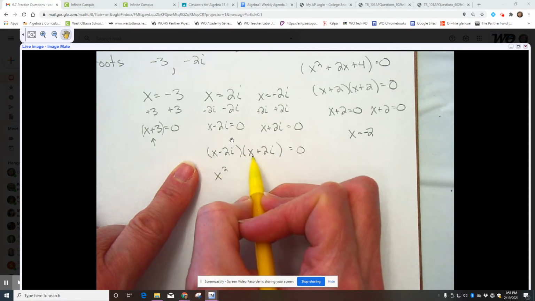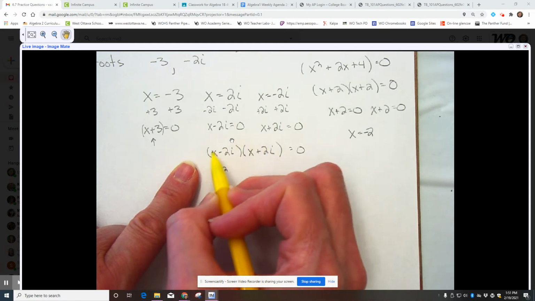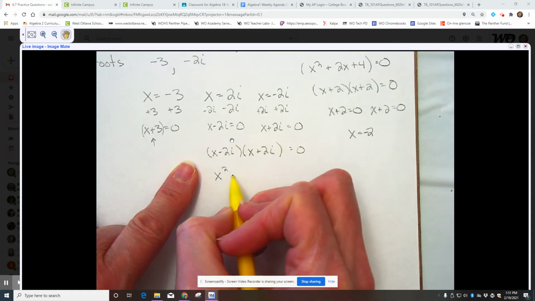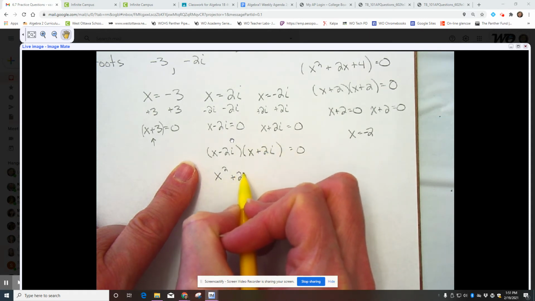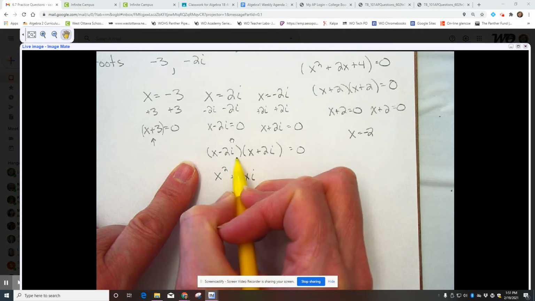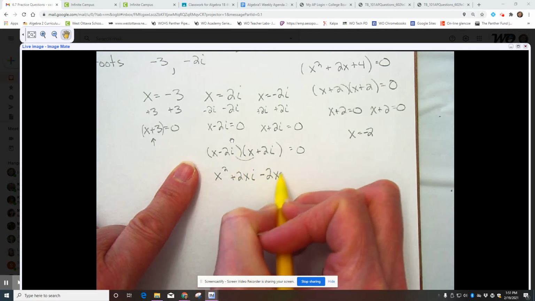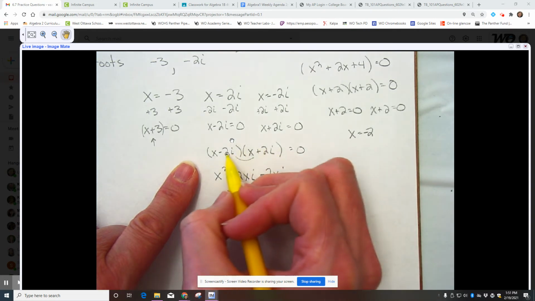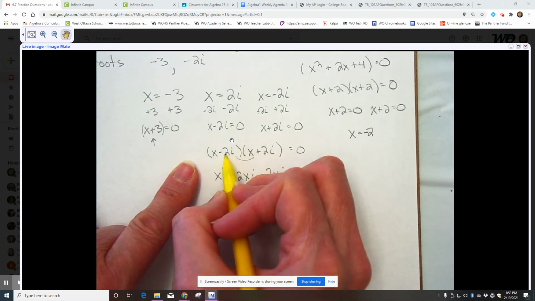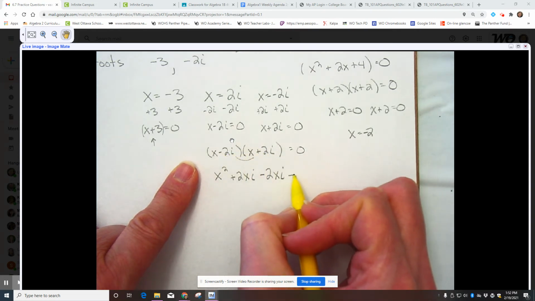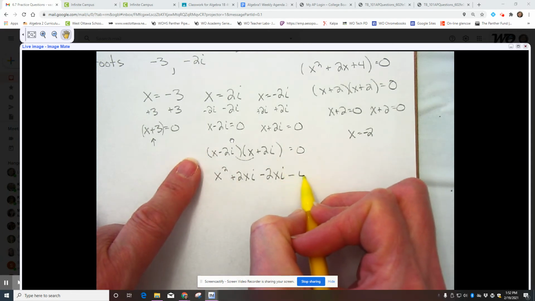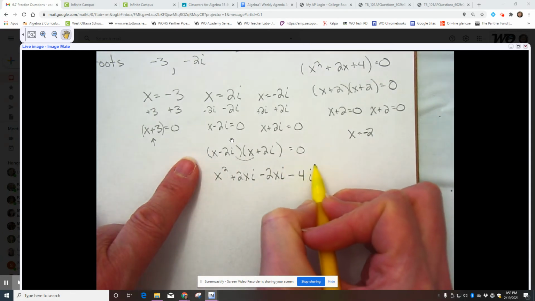I like to do first and then multiply the two outsides. So that would get me plus 2xi. If I multiply the two insides, I get minus 2xi. And if I multiply the last two, positive and a negative gets me a negative. 2 times 2 is 4. i times i is i squared.